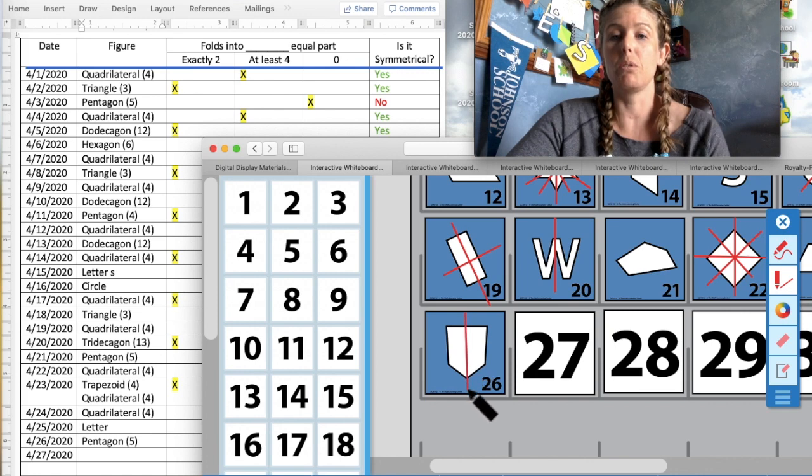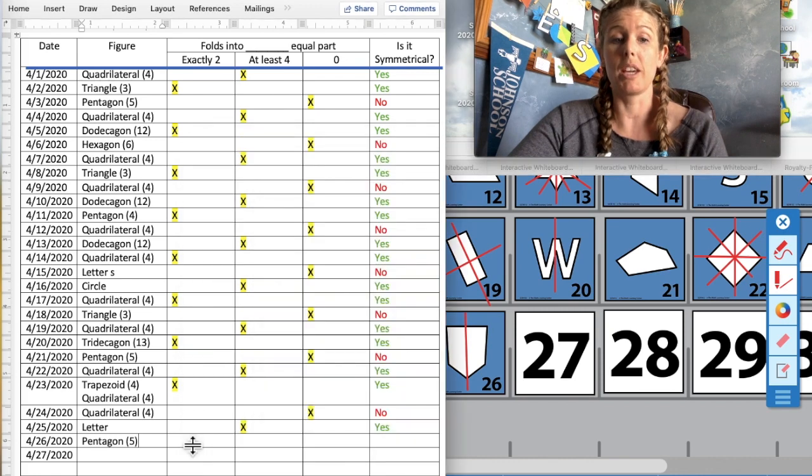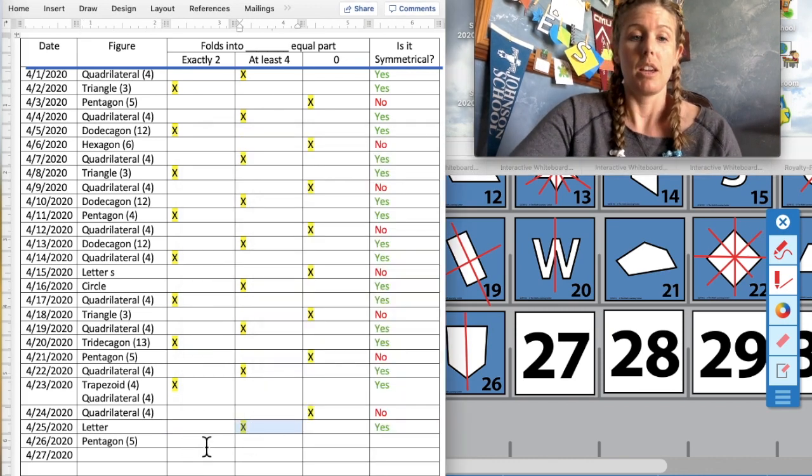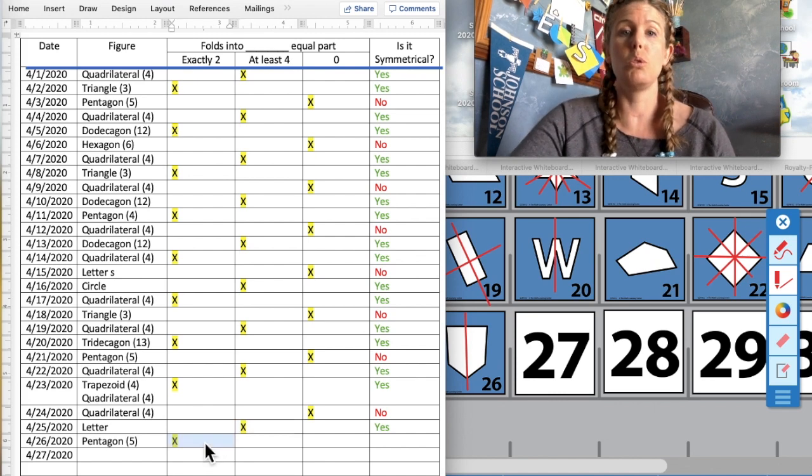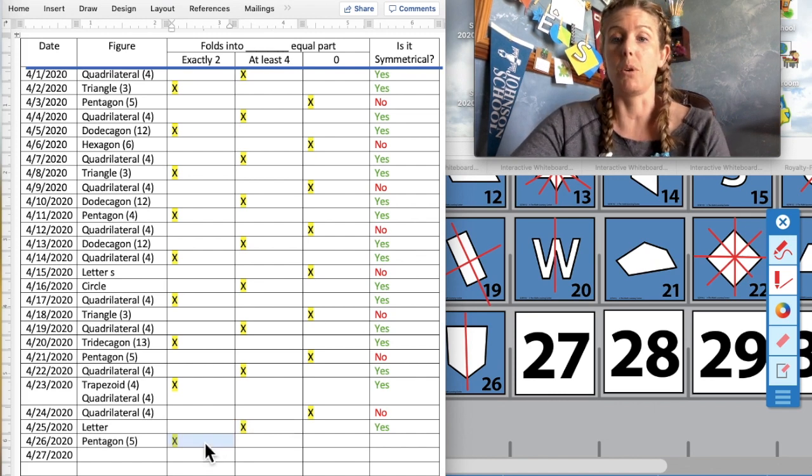If I fold it right there, both sides are congruent. They're the same shape and same size. And so we know that our pentagon can be folded exactly into 2 equal parts. So we're going to put an X on exactly 2 equal parts if we fold it.